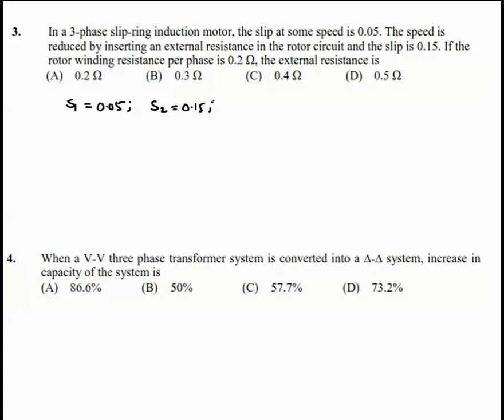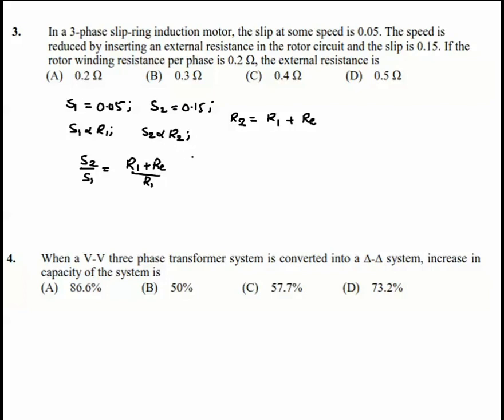Normally we know that S1 is proportional to R1, and S2 is proportional to R2. R2 is nothing but the previous resistance R1, and to that we add some external resistance RE. From this, S2 by S1 is equal to R1 plus RE divided by R1.